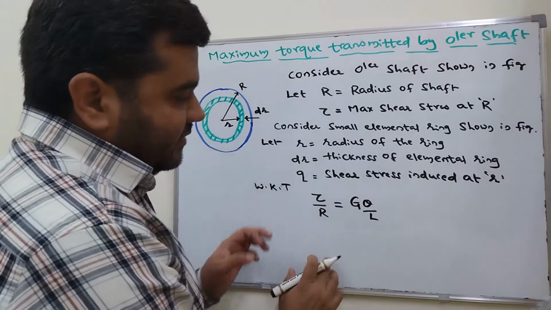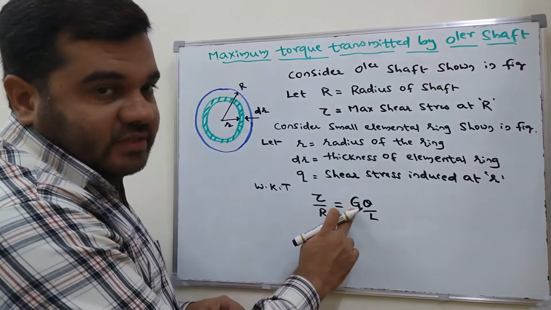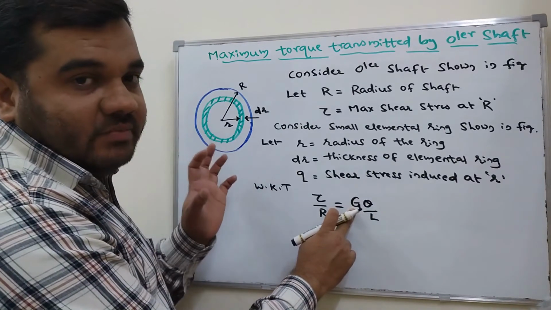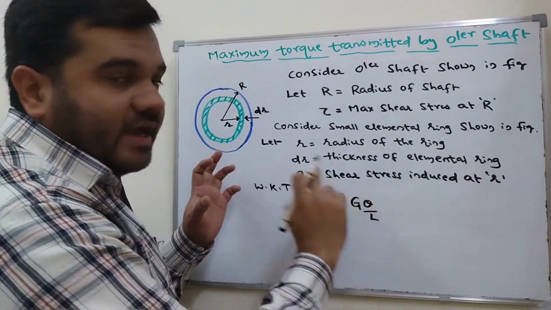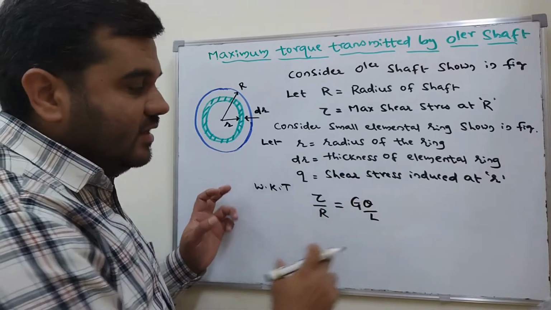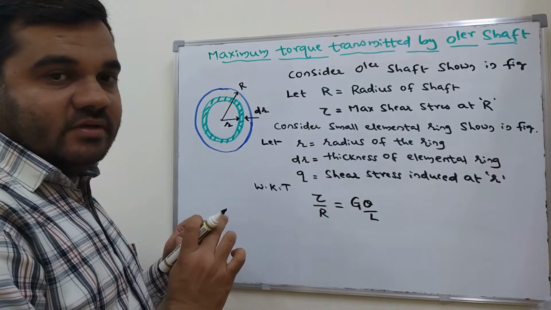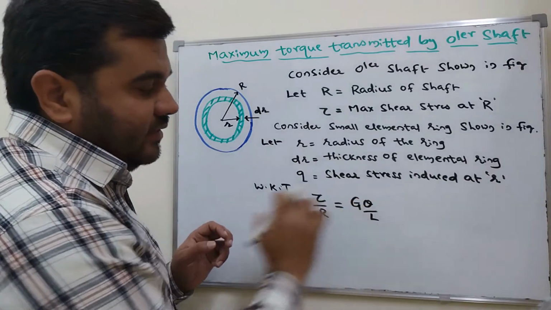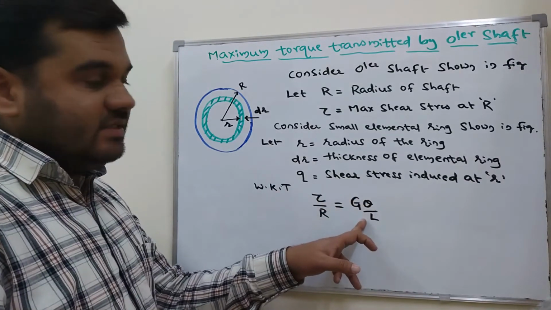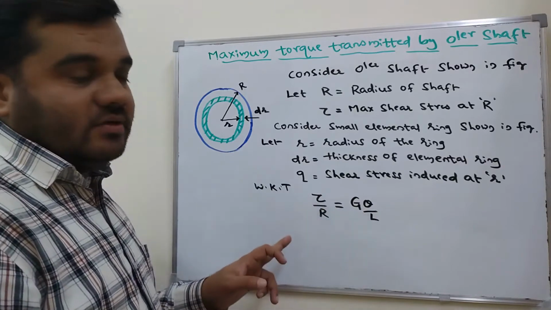From this equation, G is the modulus of rigidity, which is constant for the given material. Theta is the angle of twist, that is also constant. L is the length of the solid shaft, that is also constant. So all these three are constant, so tau by R is constant.